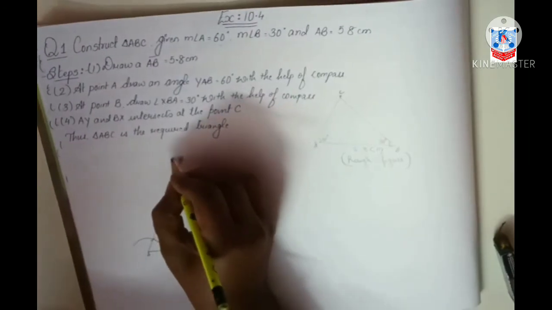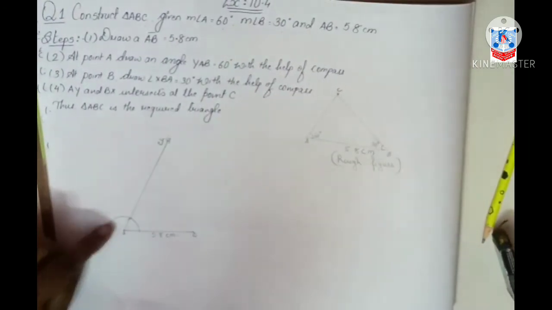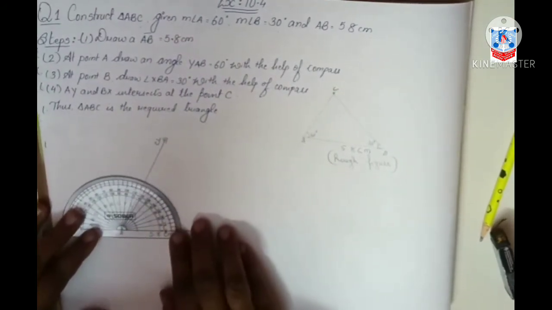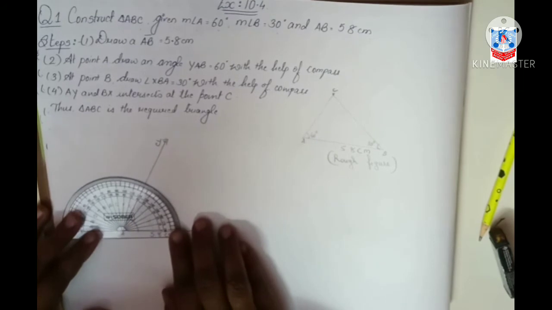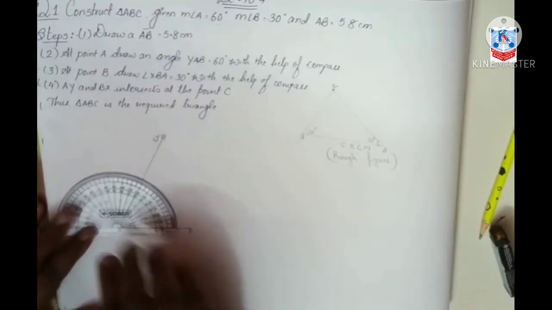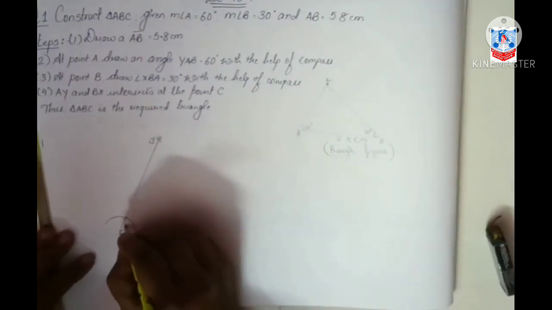Give here Y. This is 60 degree. Now you can check with the help of protractor. See, this is 60 degree. Right here 60 degree.